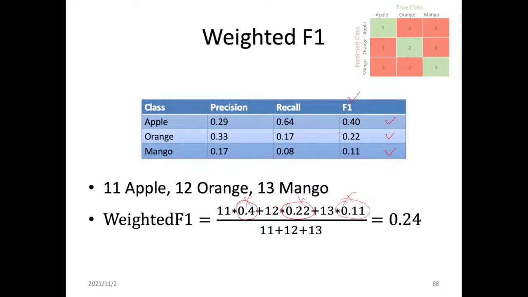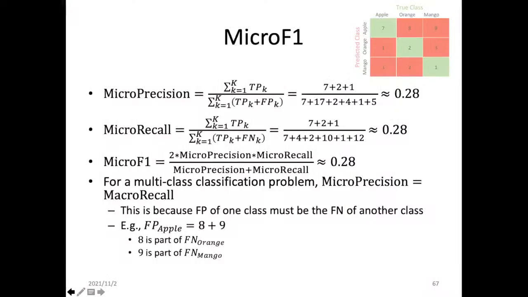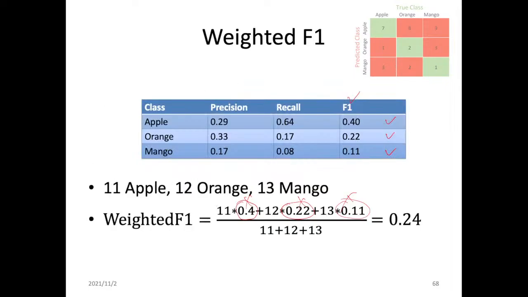Sorry. Let me erase the marker here. Okay. It's the number of apples, number of oranges, and number of mangoes. In the denominator we divide it by the total number of fruits. So essentially we just compute a weighted sum of the F1 scores based on the ratio of each class.